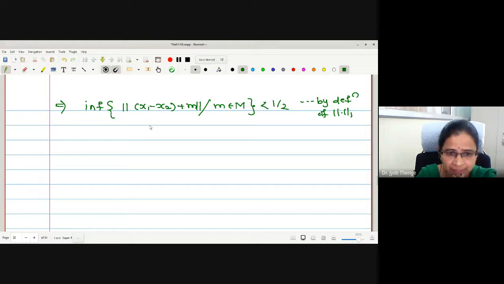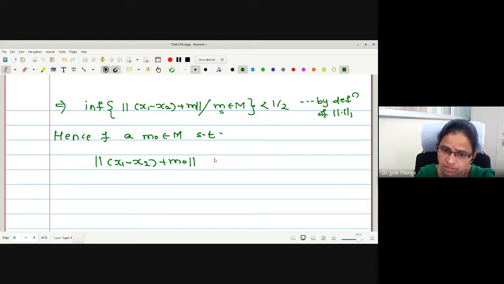Now let me claim the infimum is attained for some special element of the set M. Hence there exists an element, say m naught in M, such that norm of x1 minus x2 plus m naught is less than half. That is, the infimum holds for m naught, I am claiming.